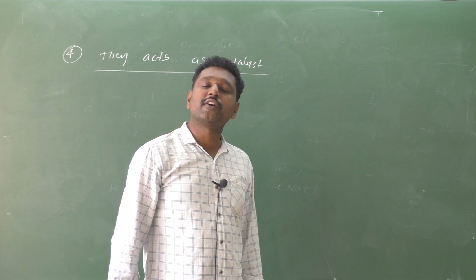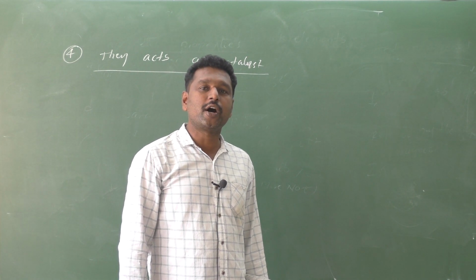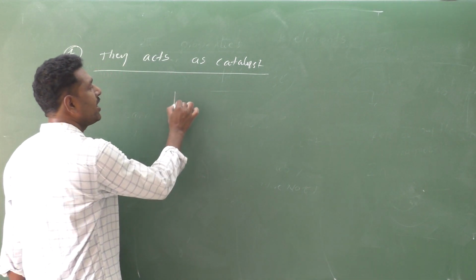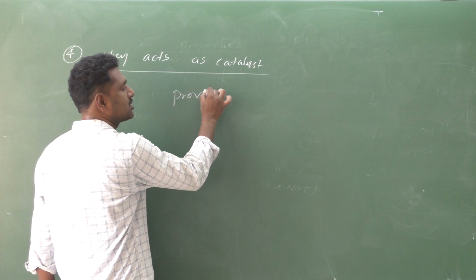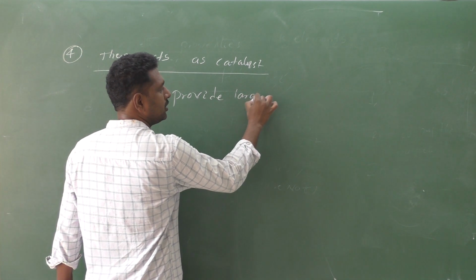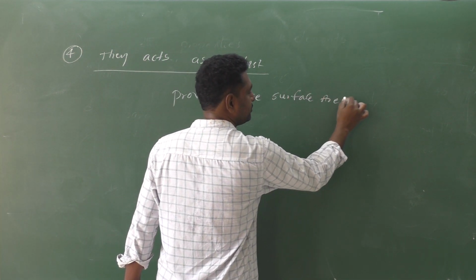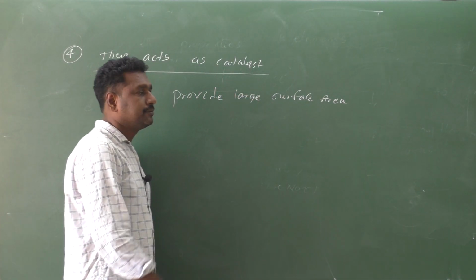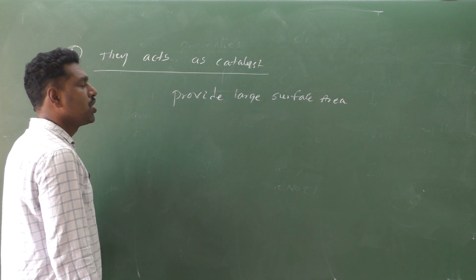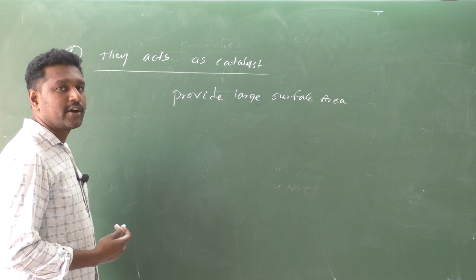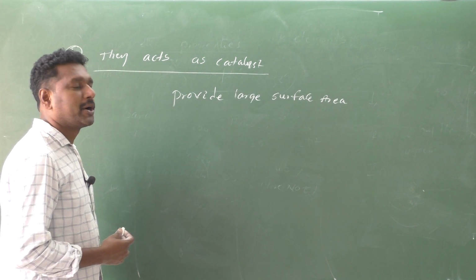Why do d block elements act as catalysts? Because they provide large surface area. So that's why they can act as catalysts. So catalytic property is also one of the transition properties.